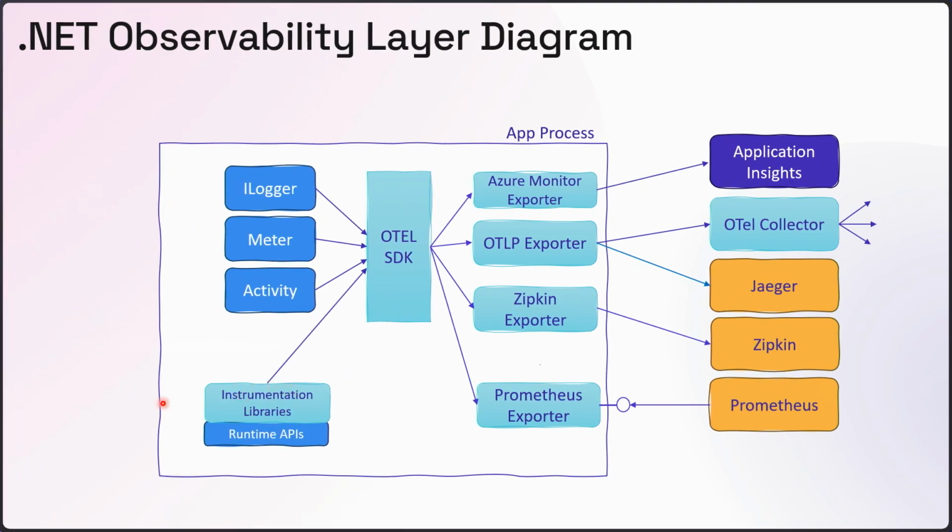And then finally, while we have these APIs in the runtime, not everything is using them yet. So we have a concept of instrumentation libraries that will pull data from other parts of the runtime using runtime APIs, and then feed that into OTel, actually using the Meter and Activity API.